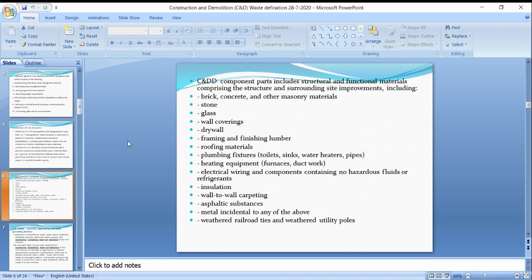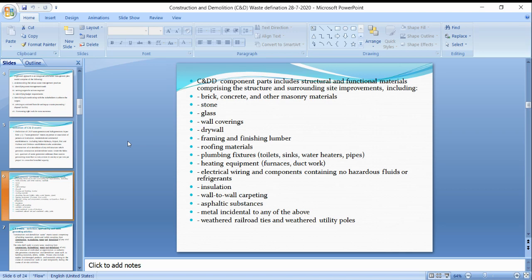So see, construction and demolition components: generally which type of waste materials can you find? Around the structures and surrounding site improvements, which materials do civil engineers generally use? There you find brick, concrete and other masonry materials.